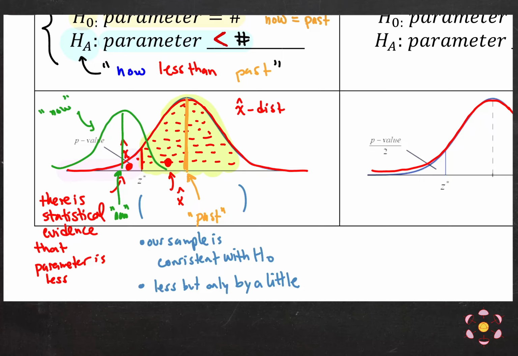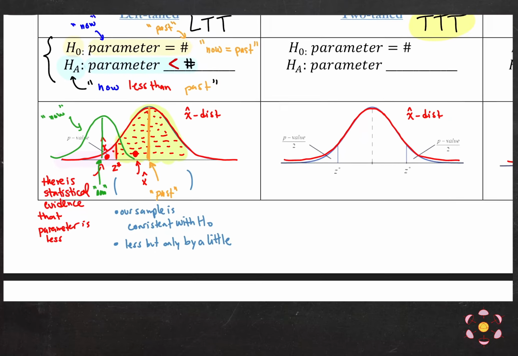This is where we use what's called a z-star, and it's called a test statistic. I'll go over that in the next section. But that test statistic is essentially a critical value. This is why we've been talking about critical values for so long, but we're doing it from a slightly different perspective. So that is a left tail test.